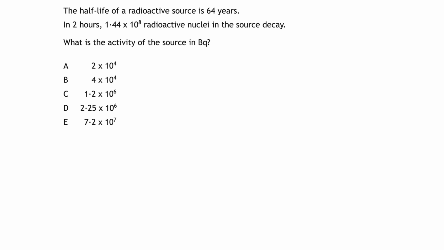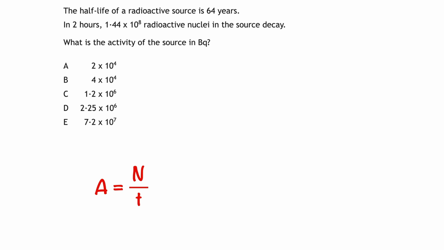The fact that half-life is mentioned at the start is a little bit off-putting, especially since there's a value given that some people will feel they should use. But to answer this question, we only need the other 2 numbers, as well as this equation. Activity A is equal to the number of nuclei decayed divided by the time taken to decay. Having said that, the time will have to be converted from hours to seconds.